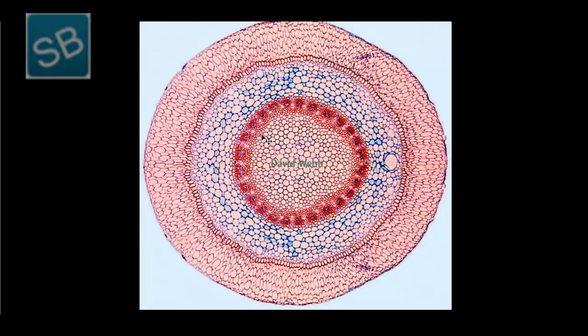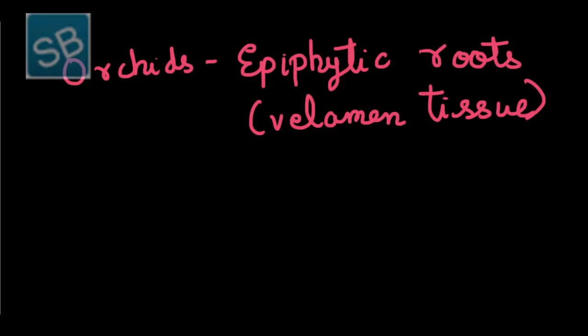A specialized velamen tissue occurs on their outer surface. The cells of this tissue are polygonal, thick-walled, and arranged in many layers, and absorb moisture from the atmosphere. They are called epiphytic roots.